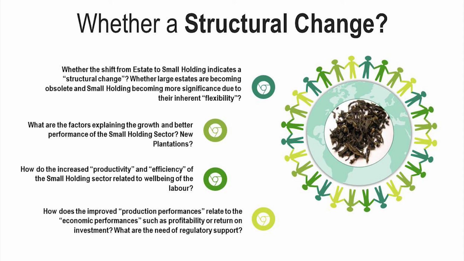They have to depend on the big estates. They have to depend on the BLTFs, that is, bought leaf tea factories. So, unless they get remunerative prices, in the long run, the profitability of this sector, that is, the small growing tea sector, is going to suffer, and that is where we will be losing whatever competitive advantage we are particularly reaping from this sector, and that is what we need to look into.